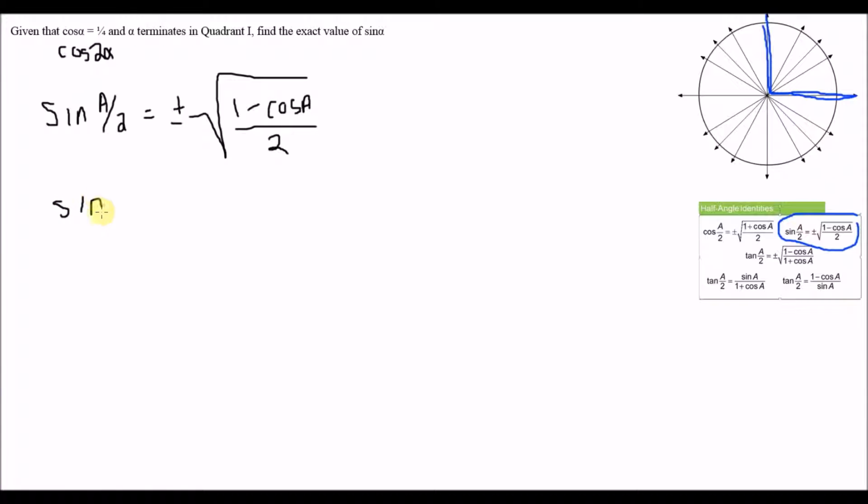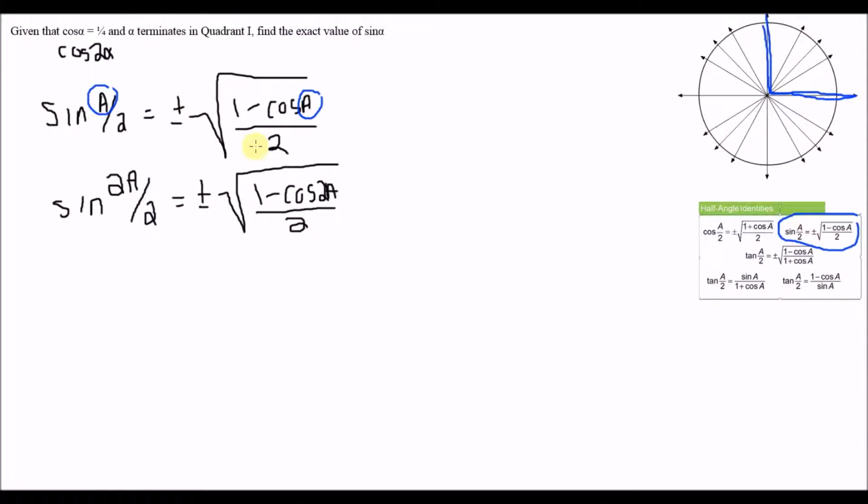Since we're having 2 times our angle here, we're going to have 2 times our angle here as well. So the equation is going to look like that, plus or minus square root 1 minus cosine 2A over 2.